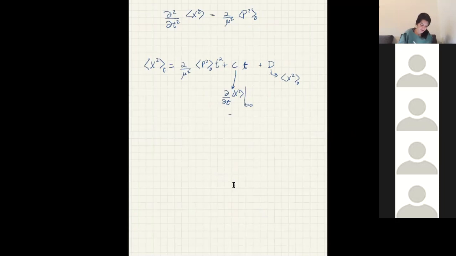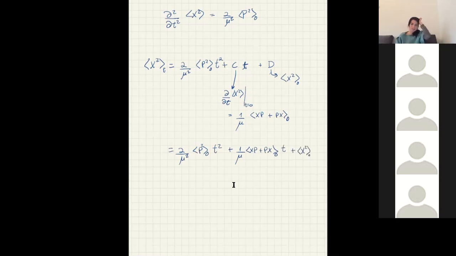So this is 1 over mu. And here comes xp plus px at time equals 0. Okay. Let's just put it all together. p squared at 0 t squared, plus this thing, xp plus px at 0 times t, plus.